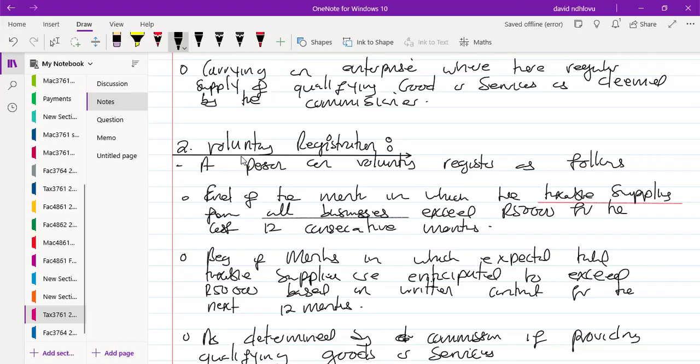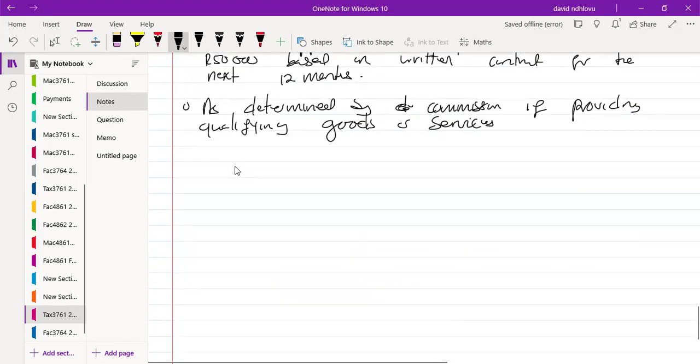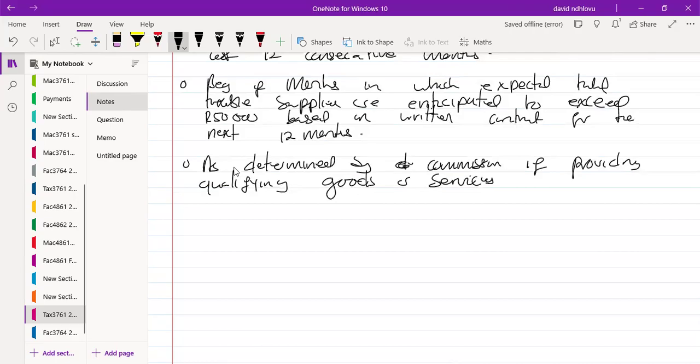Then the last one is that there must be a supply of goods and services by a vendor in the course of furtherance of enterprise.